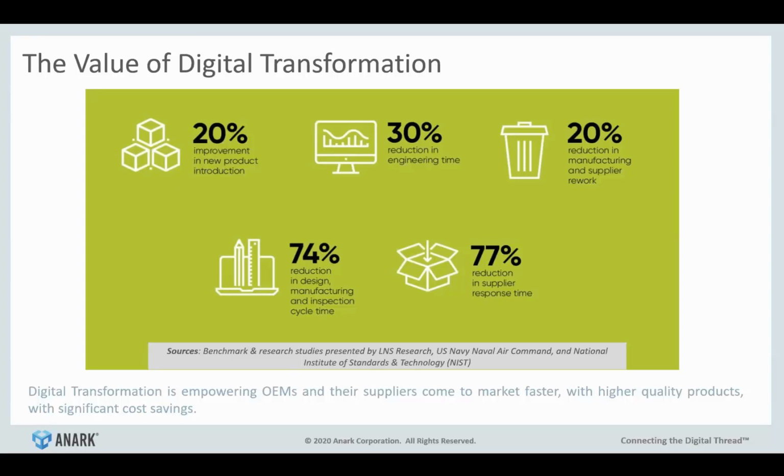But what's clear is that there is significant ROI to be collected throughout the entire life cycle. It starts with the new product innovation process: 20% reduction in bringing new products to market, 30% reduction in engineering time, 20% reduction in manufacturing and supplier rework, and then you start to get some really huge numbers here. 74% reduction in the design, manufacturing, and inspection cycle time.